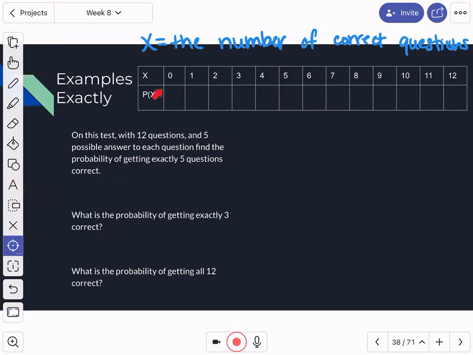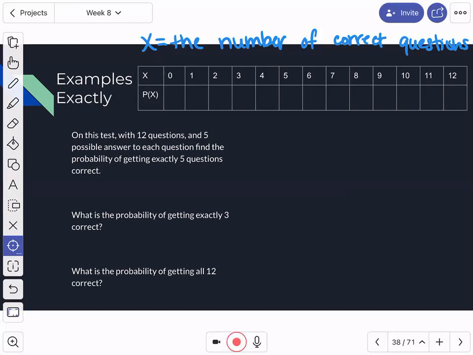Can anybody tell me what x equals 0 means? No question correct. What does x equal 12 mean? All of the questions correct. What does x equal 5 mean? You got 5 questions correct. Does everybody understand that?